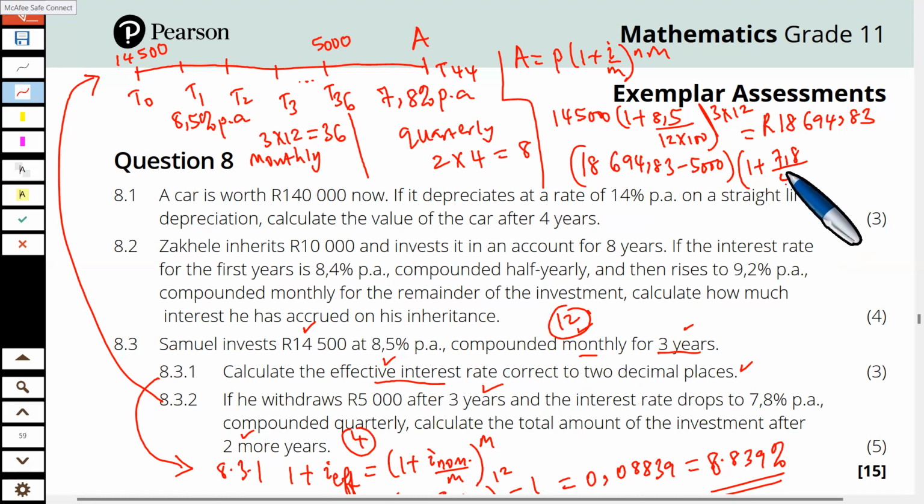So quarterly is 4 quarters in a year, times 100. You raise it to the power, because it's just 2 more years. We said it's 2 more years, so it's 2 more years times 4 quarters, which is 2 times 4. You subtracted the 5,000 that was withdrawn, and now the amount continues. And therefore this is exactly 15,000.